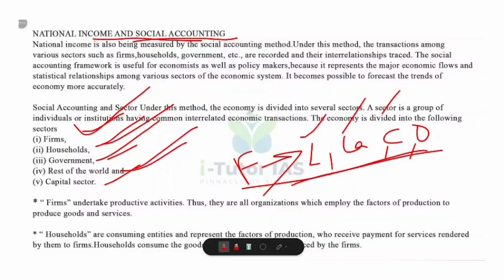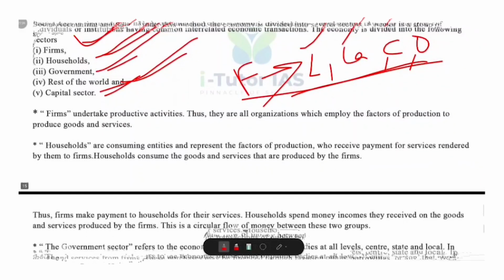It involves imports, export, foreign investment and payment to and from other countries. Capital sector means investment in machinery, infrastructure and other productive assets. It helps in future production and economic growth. Therefore, social accounting traces all money flows between households, firms, governments, foreign sectors and investments to understand how national income is generated and used. Hope it is clear for you.